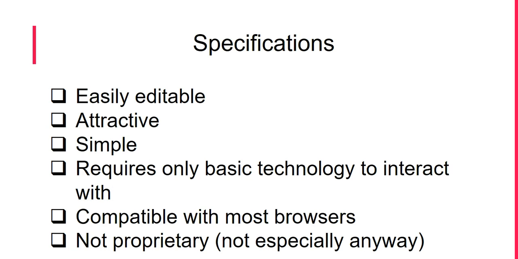I want it to require only basic technology to interact with it, which I believe QR codes are pretty much basic to everything. I want it to be compatible with most browsers, which it is, and to be not proprietary. By that I meant that I didn't want it to rely on WordPress or something else that has host-specific requirements for the code, so that it'd be easily transferable if you wanted to take it somewhere and do whatever you wanted to do with it.